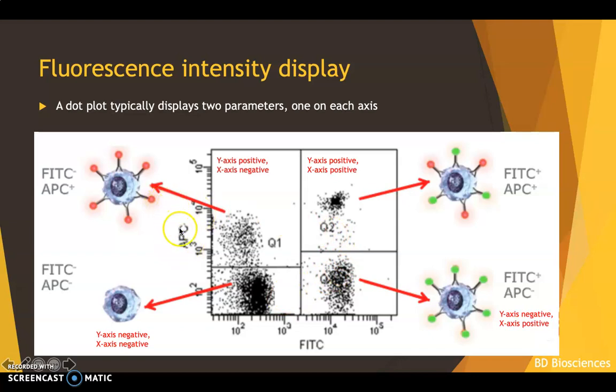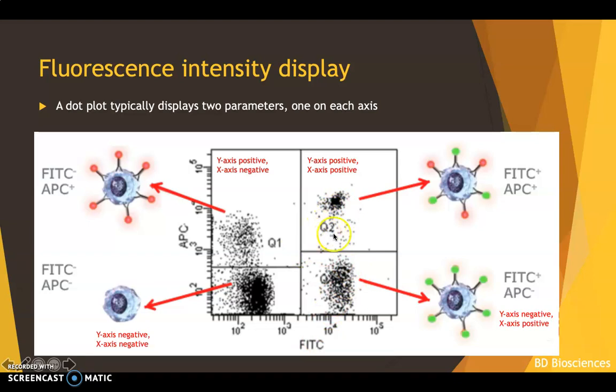Just to add on, for each color we can assign a conjugate. For example, if you stain with the APC antibody as a CD4 antibody, so it's a CD4 antibody conjugated to APC fluorescent color. And let's say this FITC we conjugated with CD8 antibody.